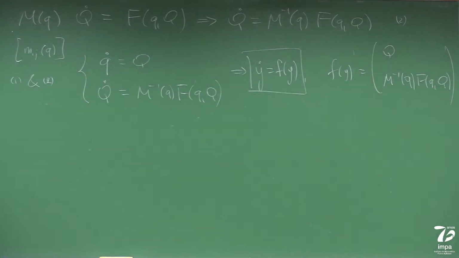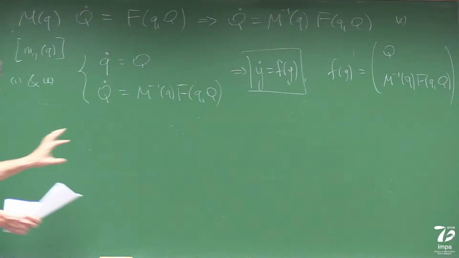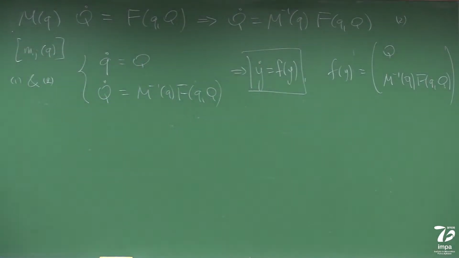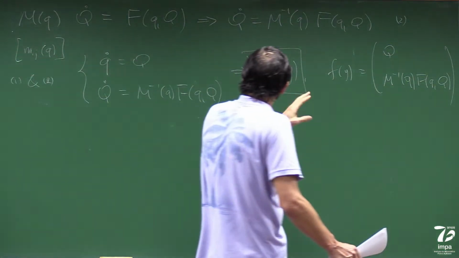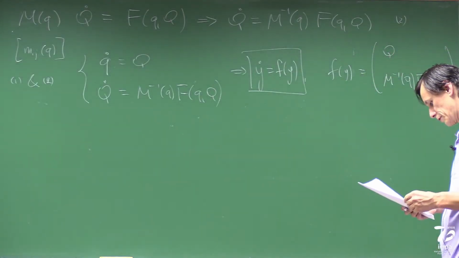But whenever we consider examples, we will consider them in original form because it's just more convenient. So there are two equivalent forms of equation of motion: either the full form of a Lagrange equation, or this reduced standard form, which is nonlinear.